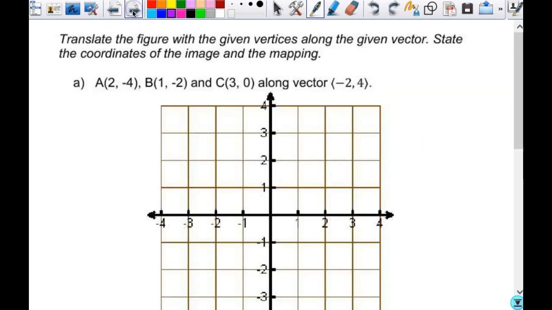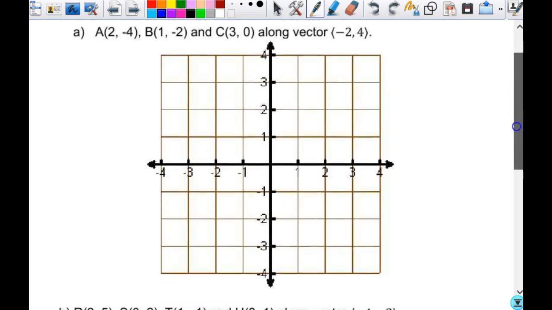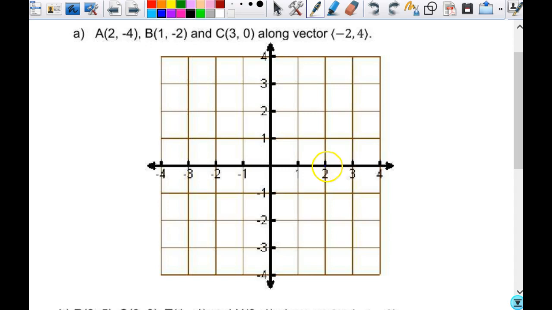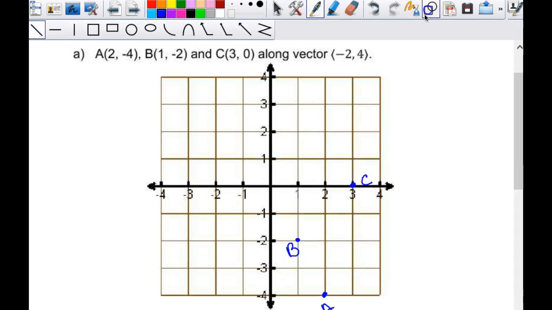All right, so then this one here, we have to start off by actually plotting these points ourselves. It says translate the figure with the given vertices along the given vector, state the coordinates of the image and the mapping. So I first have to plot these, because it's not plotted for me: (2, -4), and that's point A. So plot and label at the same time. B is (1, -2). C is (3, 0).